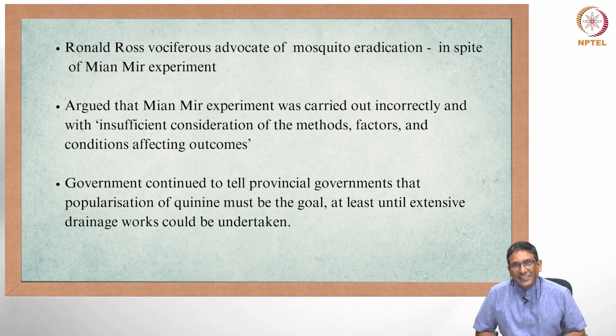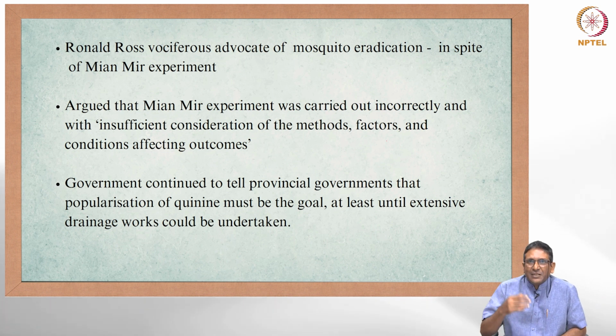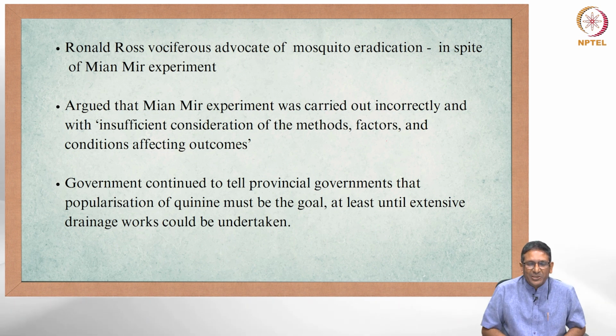And interestingly, Ronald Ross, for all the tall stature he attained, particularly through his research on malaria, was actually kept out of all of these central government agencies. In fact, he was not even given a place in the malaria conference. He was not too much liked by the colonial establishment and its approach to malaria cure, because of his consistent advocacy of mosquito eradication, which was more challenging and more costly.